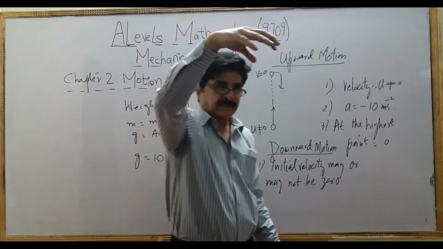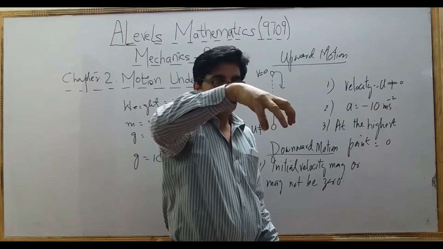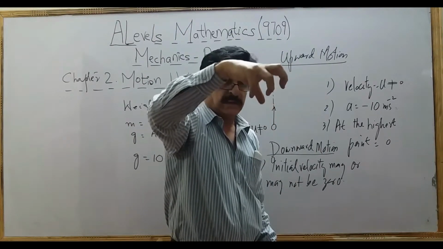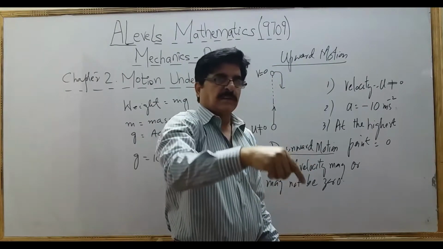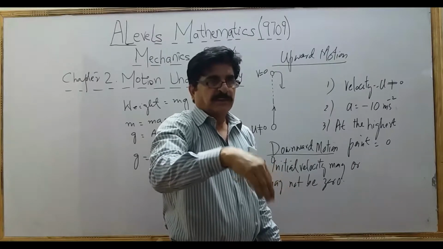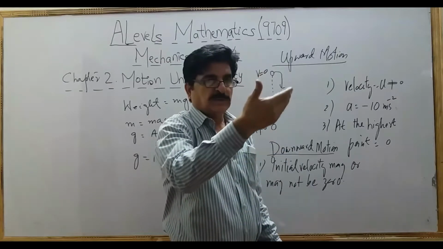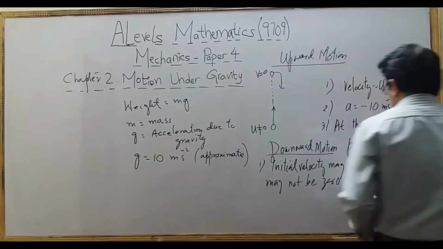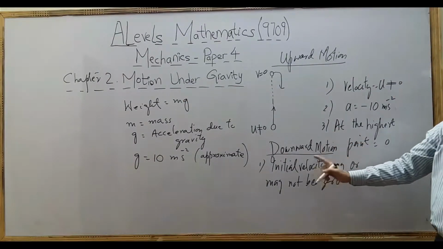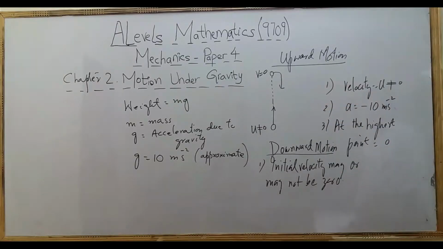But we may also throw some particle with some initial velocity downward. But if we throw it with some velocity and when it is out of our hand, when it is in the air, once it is in the air, then it is free falling body. Then it is moving only under the action of gravity. So we will apply in that situation also the equations of motion. So initial velocity may or may not be 0.